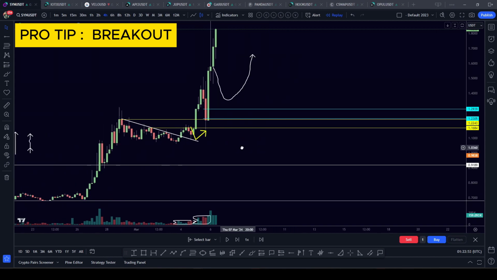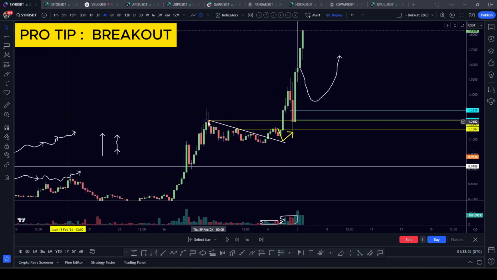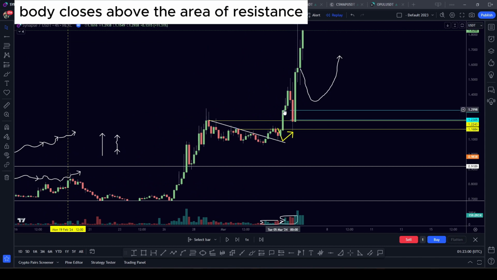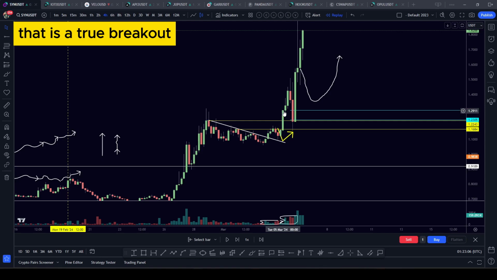Here's a pro tip. My definition of a breakout, a confirmed breakout, is when the candle body closes above the area of resistance. That is a true breakout.